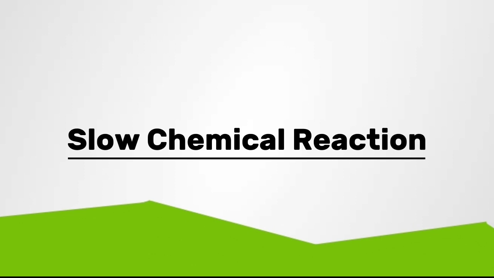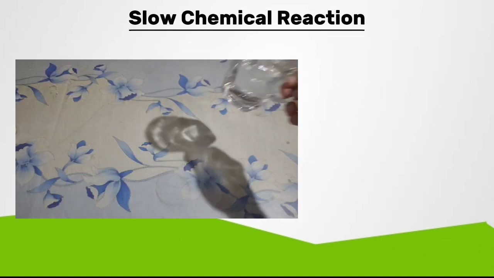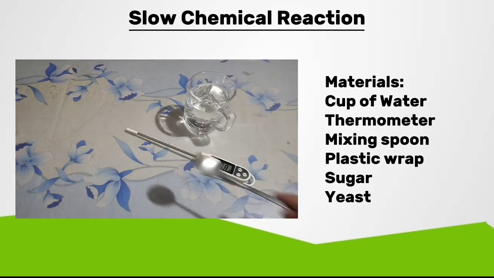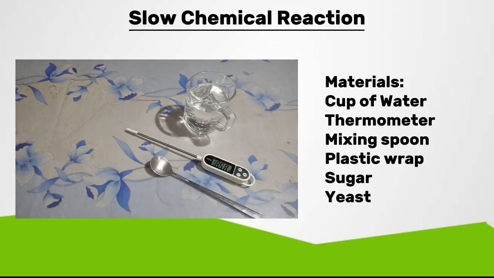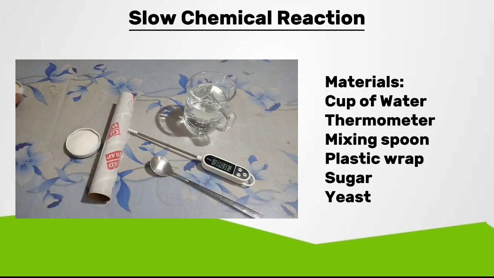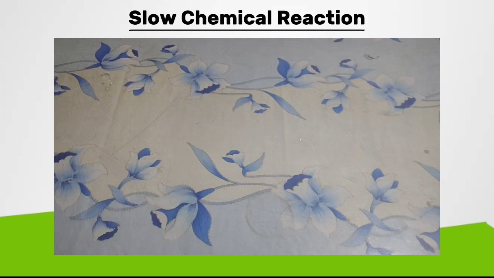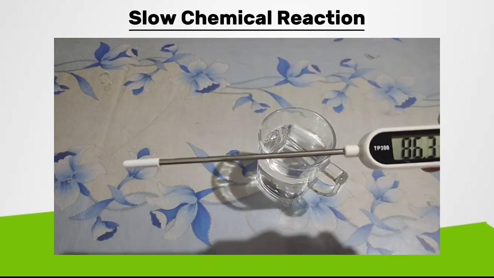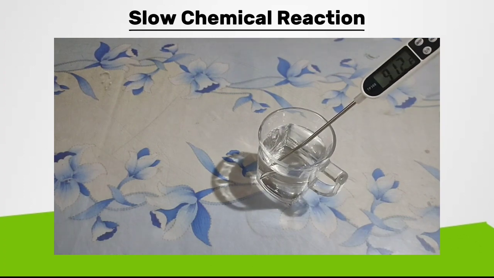Slow chemical reaction. For this experiment, we need a cup of water, a thermometer, a mixing spoon, plastic wrap, sugar, and yeast. First, we need to make sure that our water is warm but not too hot, around 95 degrees Fahrenheit.